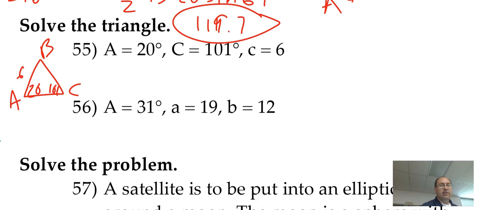And side C is 6. Okay. We have all the angles, right? We got 121, so what does that make this one? 180 take away 121, isn't that 59? 121, 59, thank you very much. So now we know that angle B is 59.